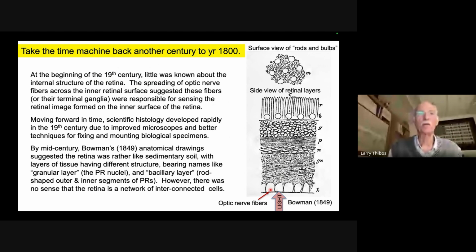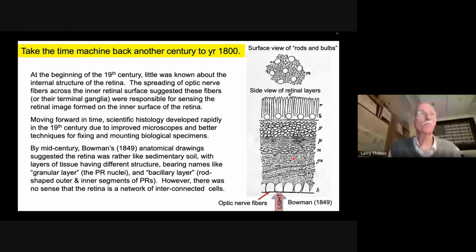We didn't understand that yet, but it was some kind of thickening of the optic nerve fiber. People naturally thought this is where the retinal image is formed and sensed by these ganglia. And all the rest of this material up there, they had absolutely no idea what it was good for. It was just tissue.